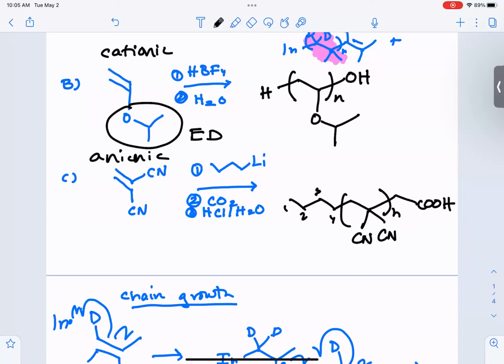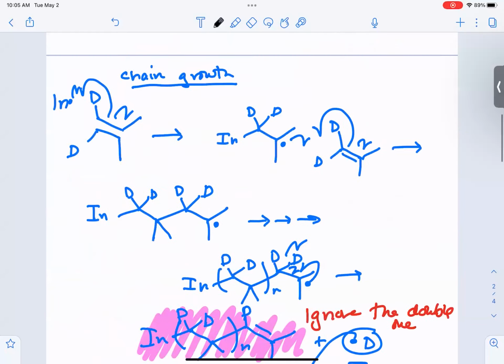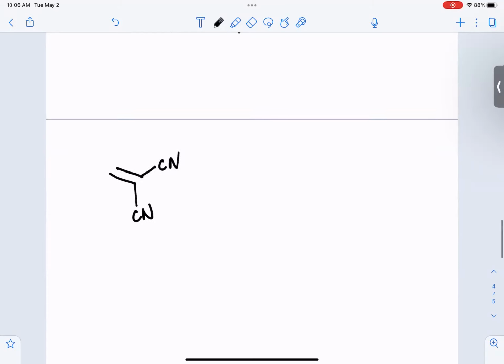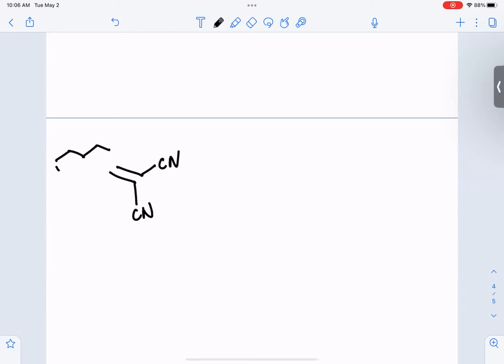Do we have any questions with this one? Do you want me to go through the step stuff again? All right. Okay, so the first step of this process is reaction with that organolithium. So 1, 2, 3, 4. All right, so this is a negative carbon. So we're going to get a carbanion.